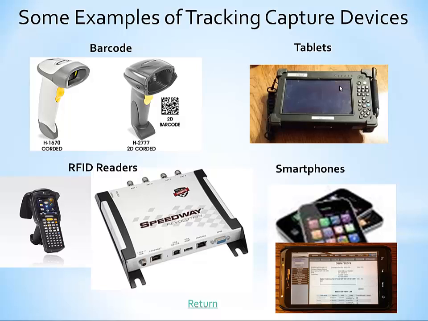But it also has possibly a touch screen where information can be manually put in the system. And again, depending on the kind of tracking you're doing, some combination of these different devices and different tags might be possible. With smartphones today in the lower right, a lot can be done with those, and they can serve as a reader for either manual input and or in some cases scanning input.